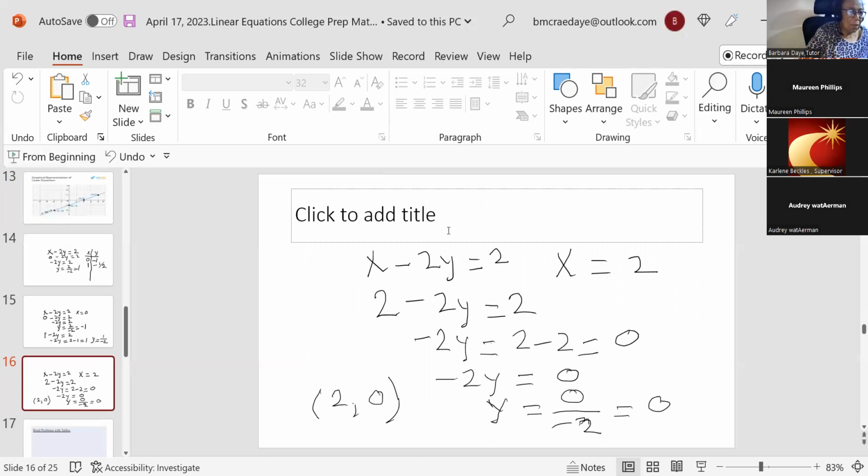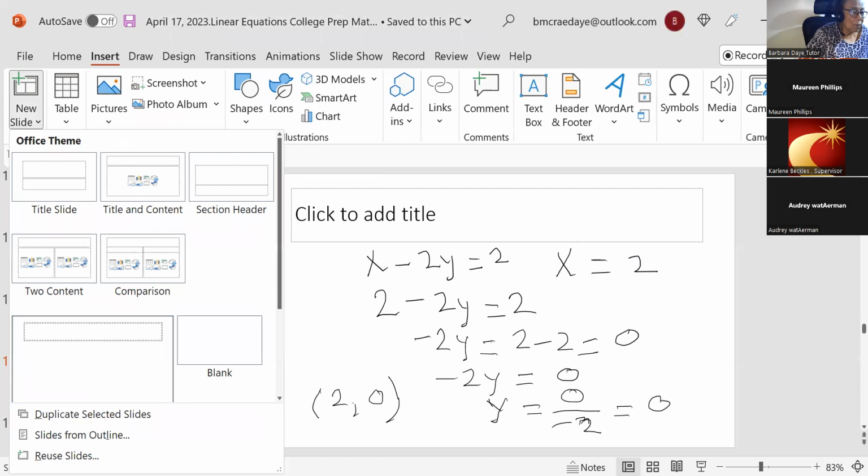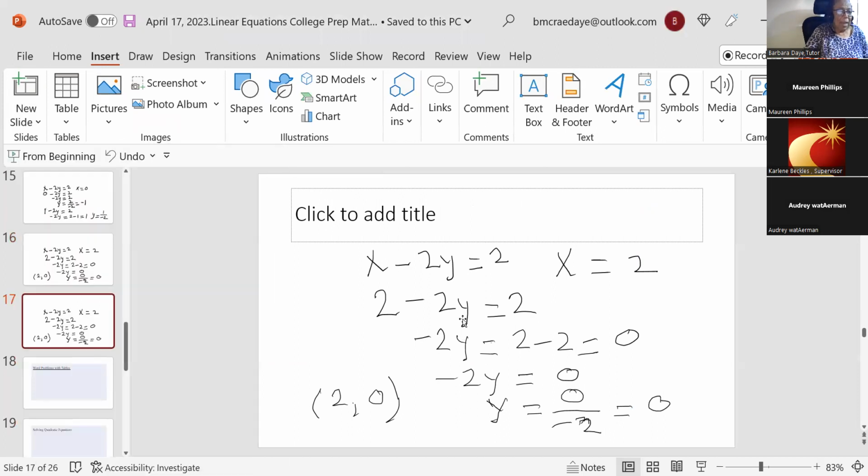Substitute 4 for x. X is 4. No, you don't subtract 4 from those 2 numbers. What do you do, Maureen? X is 4. I mean, where you see an x, put a 4. Substitute for the variable. That's it, Audrey. Exactly. Put a 4 there and then solve it. I want you to solve for y.